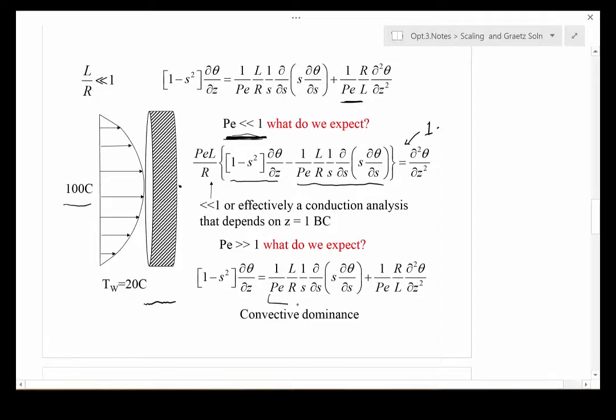This is an unimportant term, and this is an unimportant term for the most part. And so essentially d theta dz is about 0, or theta is constant. What you put in is what you're going to get out.